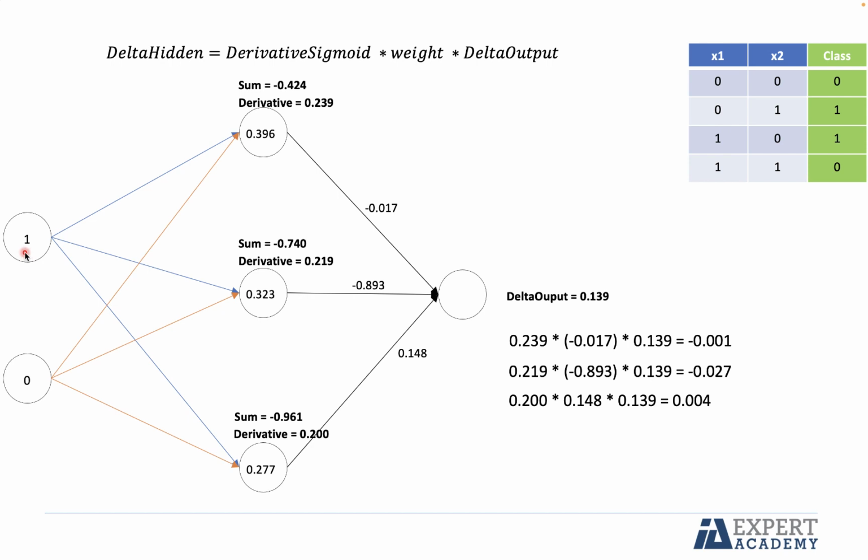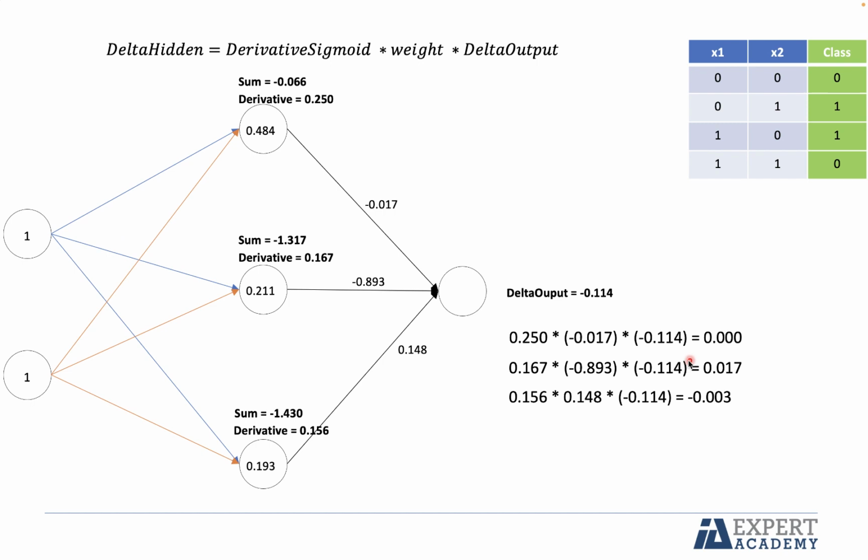Let's move on to the third row, 1 and 0, the corresponding derivative values, and all the equation. And finally, we move on now to the fourth row, 1 and 1, and you can see the derivative values and all the calculations. And this is the step needed before updating the weights.